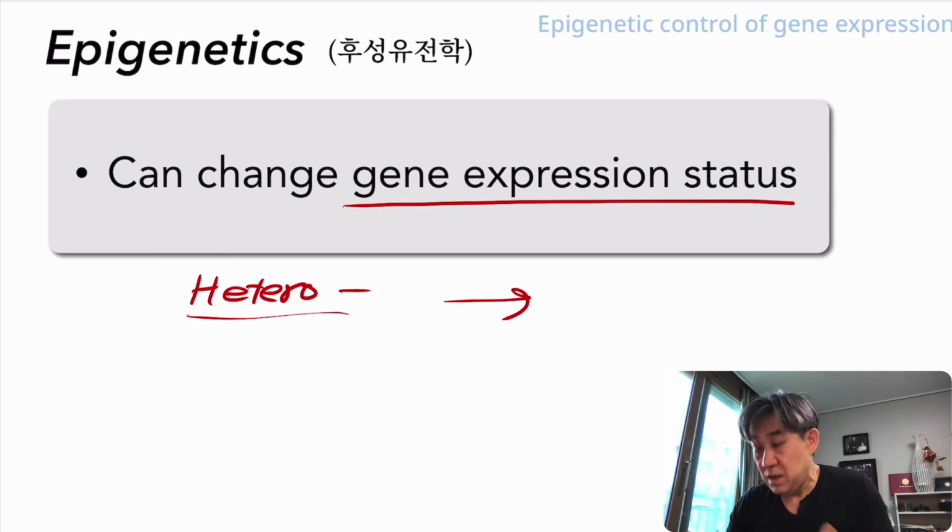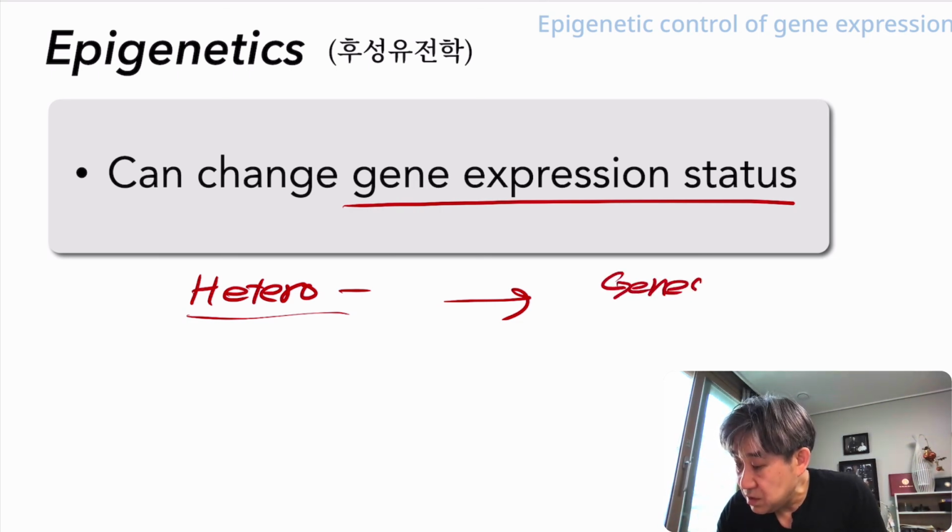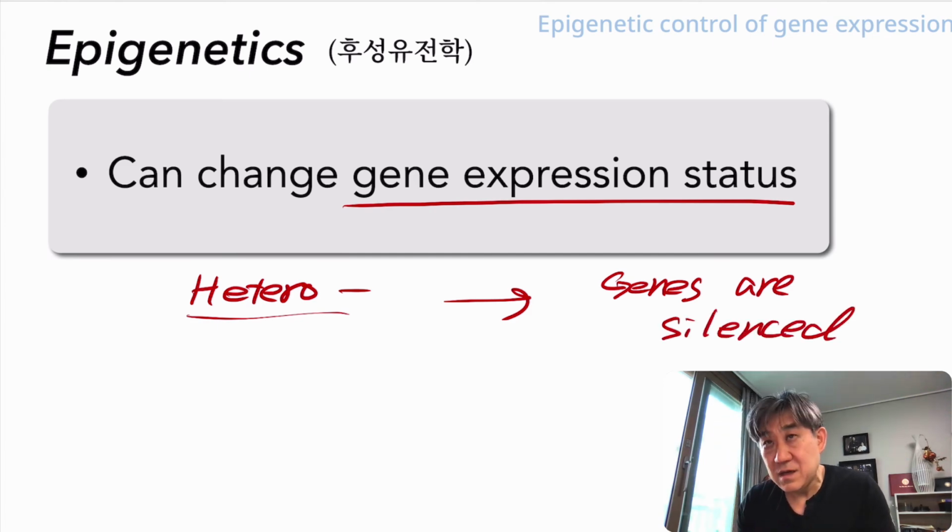So in the heterochromatin region, genes are silenced. If ever, you have very, very little gene expression.